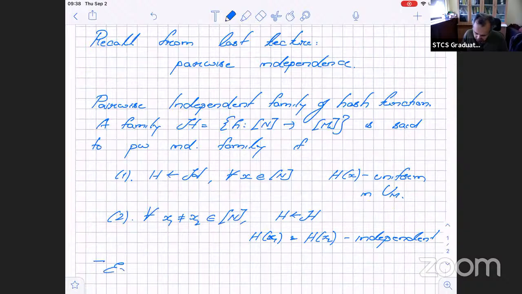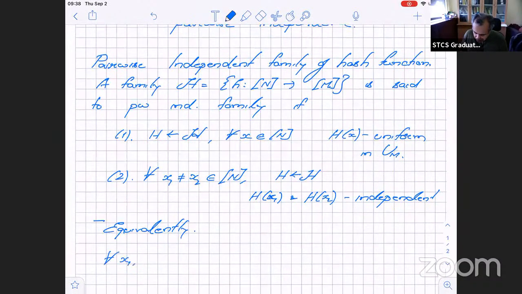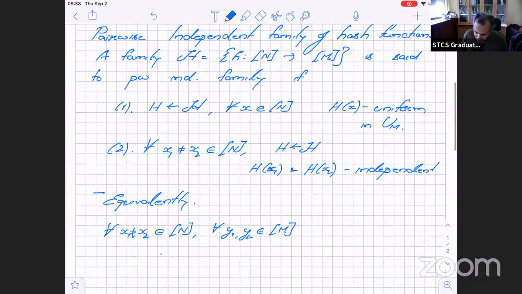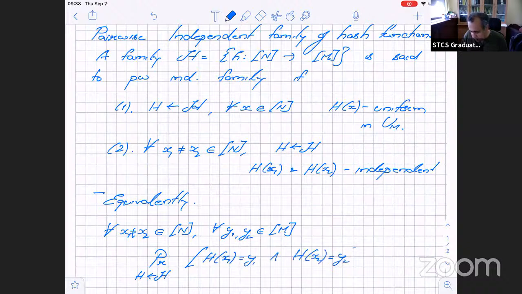Equivalently, you can write both conditions 1 and 2 together as: for all distinct x1, x2 in the domain, for all pairs y1, y2 in the range, these could be distinct, need not be distinct, if you pick a random function h from the class H, the probability that h of x1 equals y1 and h of x2 equals y2 should be exactly equal to 1 over n squared.